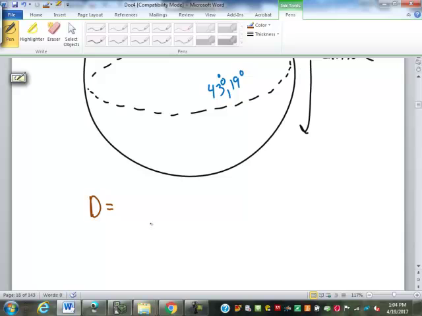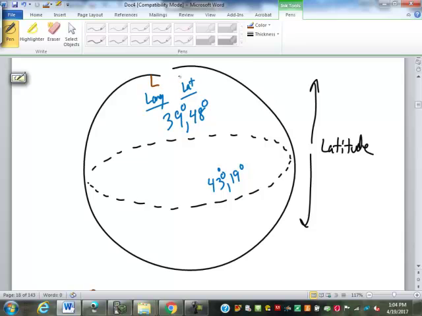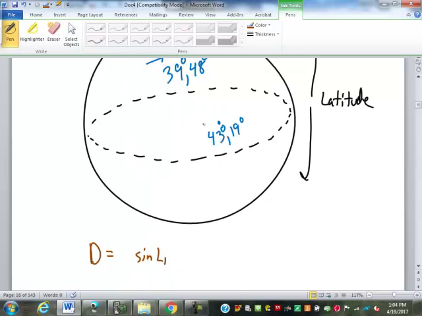is found, trying to remember how this formula works. Sine of L1, it's usually L and then M is how they're listed. So L is longitude 1, M is latitude 1, meridian 1.